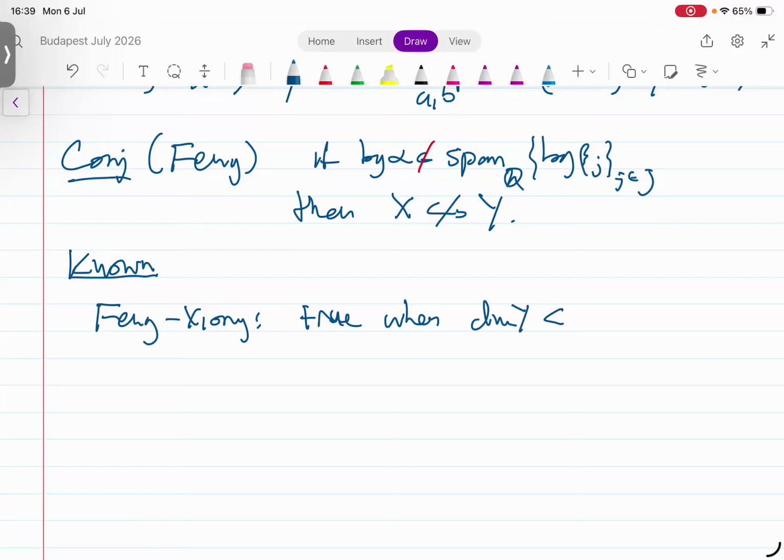I believe that 1/4 was the bound: when there are two maps, the bound is certainly 1/4, and when there are more maps, I think the bound is smaller. Let's just say this is in the case of two maps, but they have a result for any number of maps.